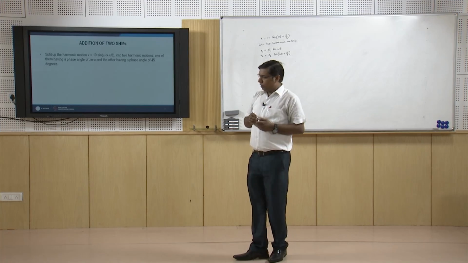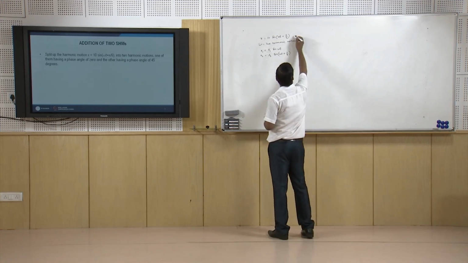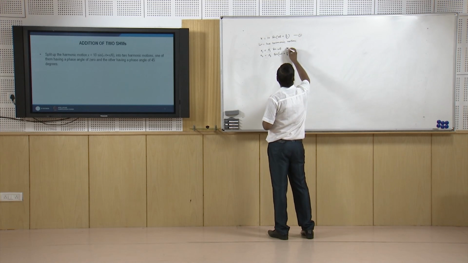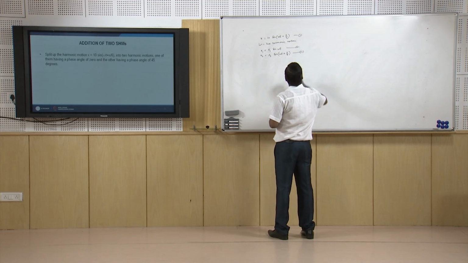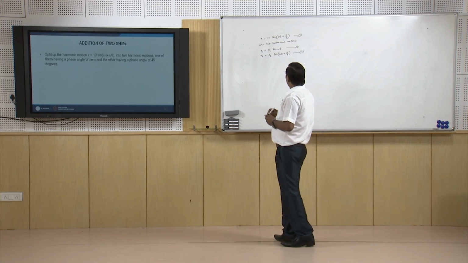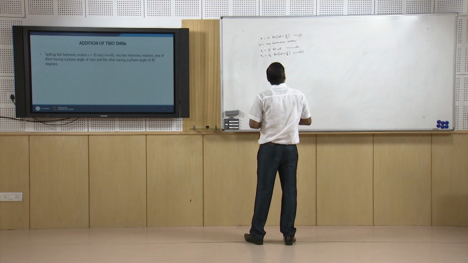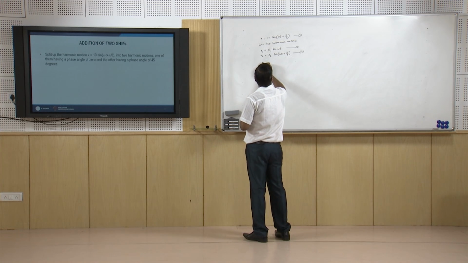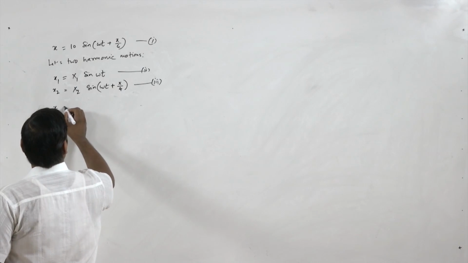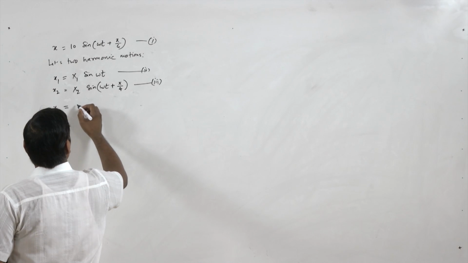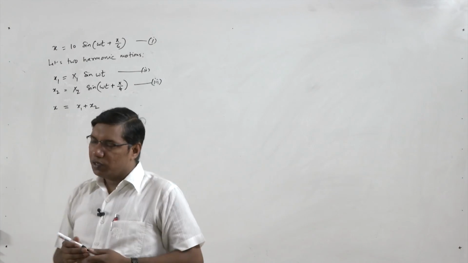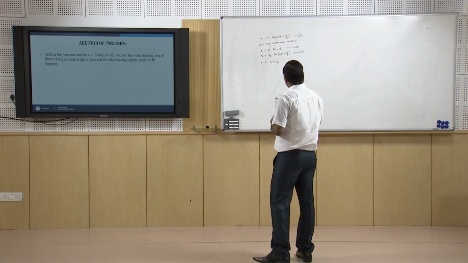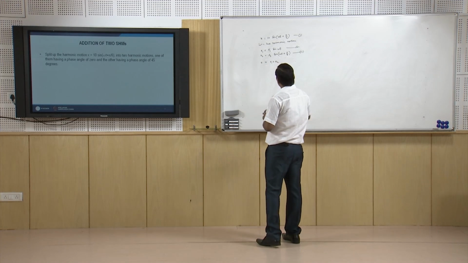So, this is equation 1, this is equation 2 and this is equation 3. We have x equal to x1 plus x2, because then only we can split this motion x into two motions x1 and x2.